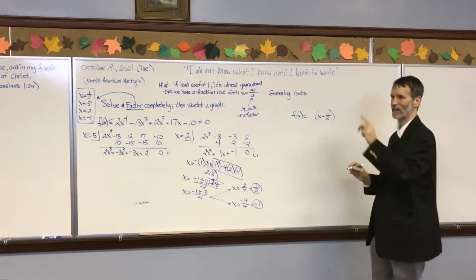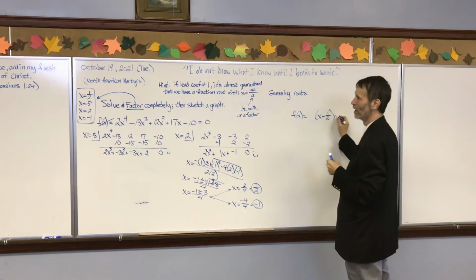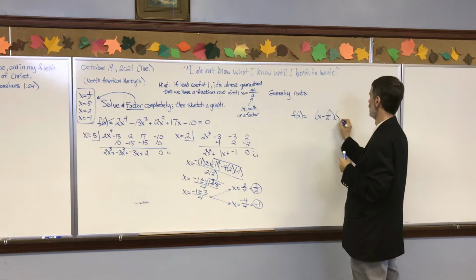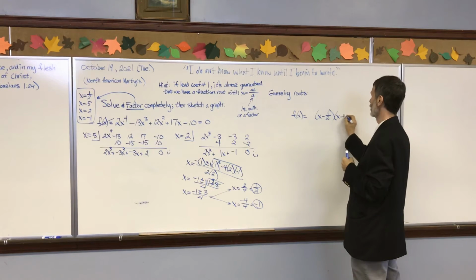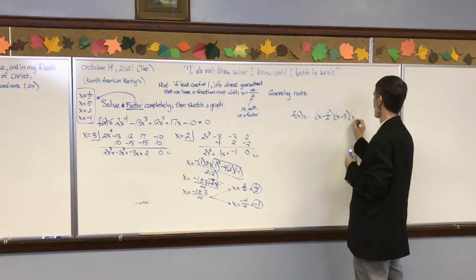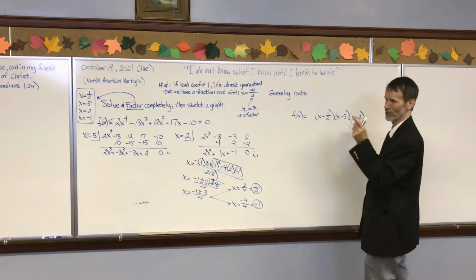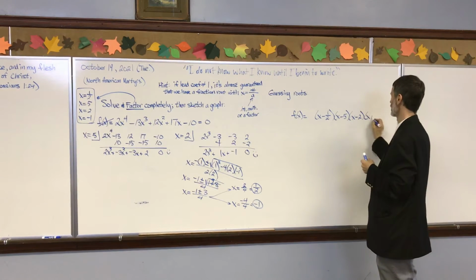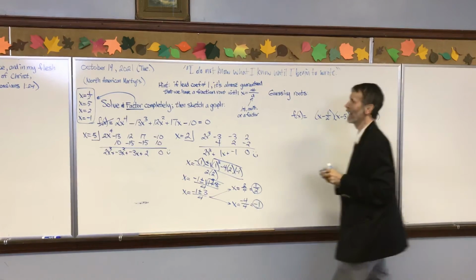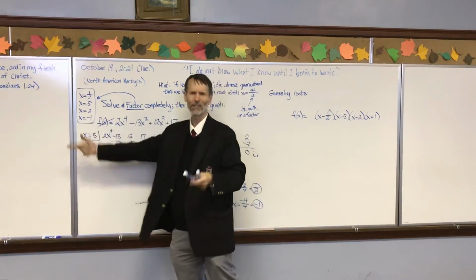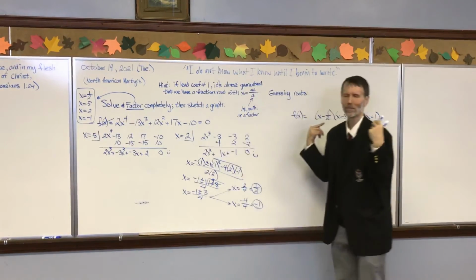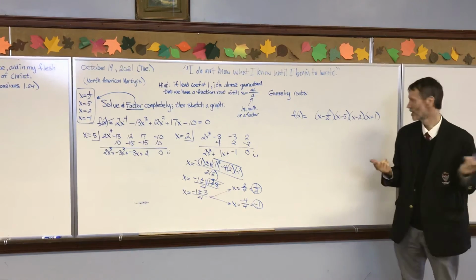Sam, what's the next one? X minus 5. Correct. Give me one more. X minus 2. Give me the last one then, because they're cheap. X plus 1. Why plus? Because it came from negative 1. So you see how I went backwards and found those? It's the zero product property backwards.